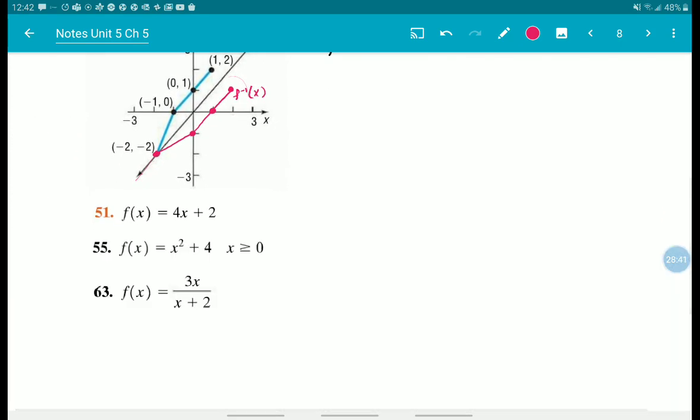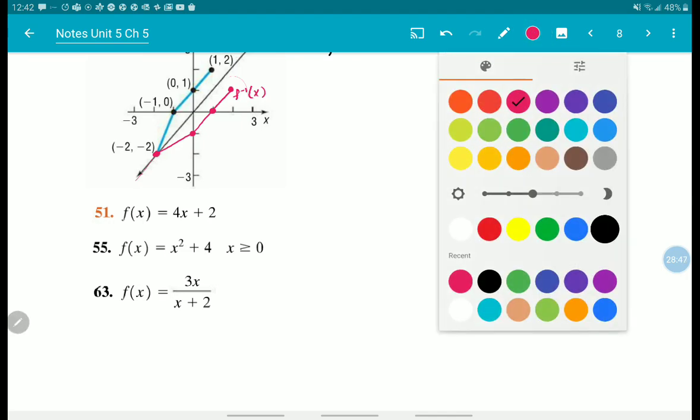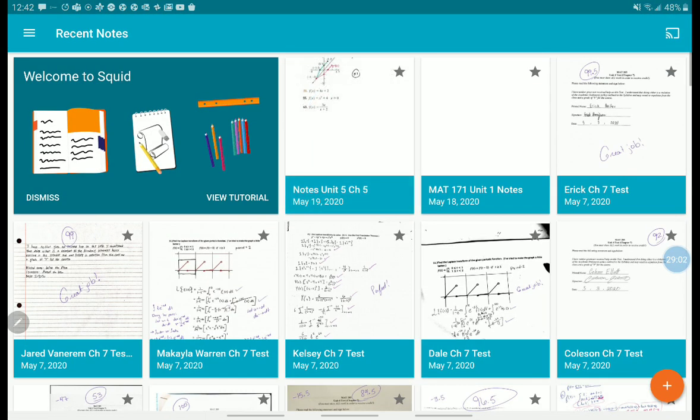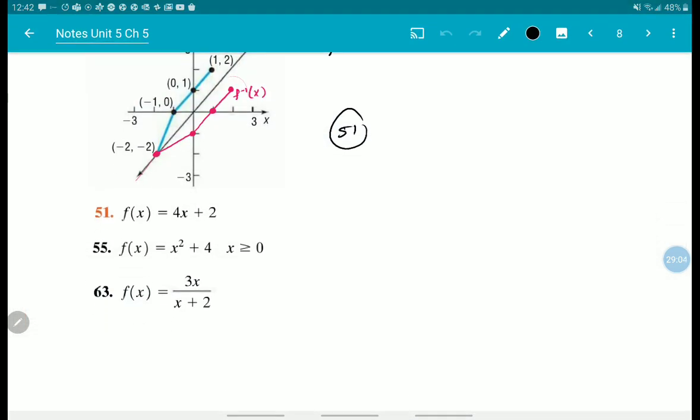Now let's look at equations. We have number 51, that's 4x plus 2. We want to find the inverse function. This one is one-to-one. It is also a function, as the line is increasing, so we can see that it meets the criteria. To find the inverse function, we are literally going to switch x and y.